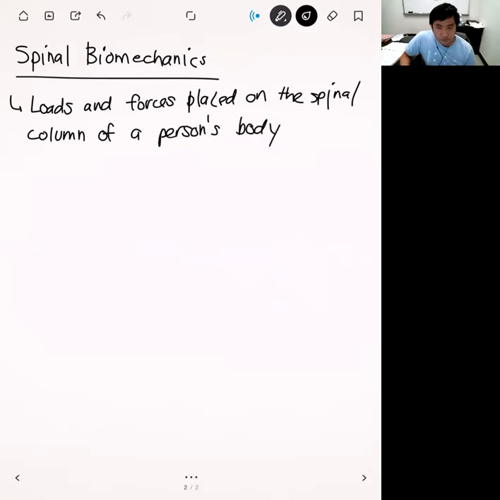The spine is really important for a few key reasons. The first reason is that it's one of the major weight-bearing structures in your body.